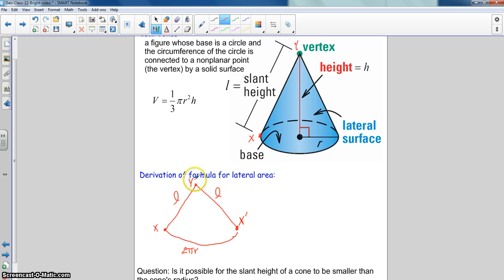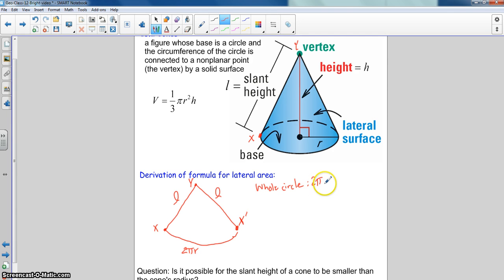Now this would actually form a sector of a circle as well. So I'm going to make a note here: the whole circle, if I were to complete this entire thing, would have circumference 2 pi, and then the radius in this case is L, because this is my vertex and all these points are the same distance from this vertex.